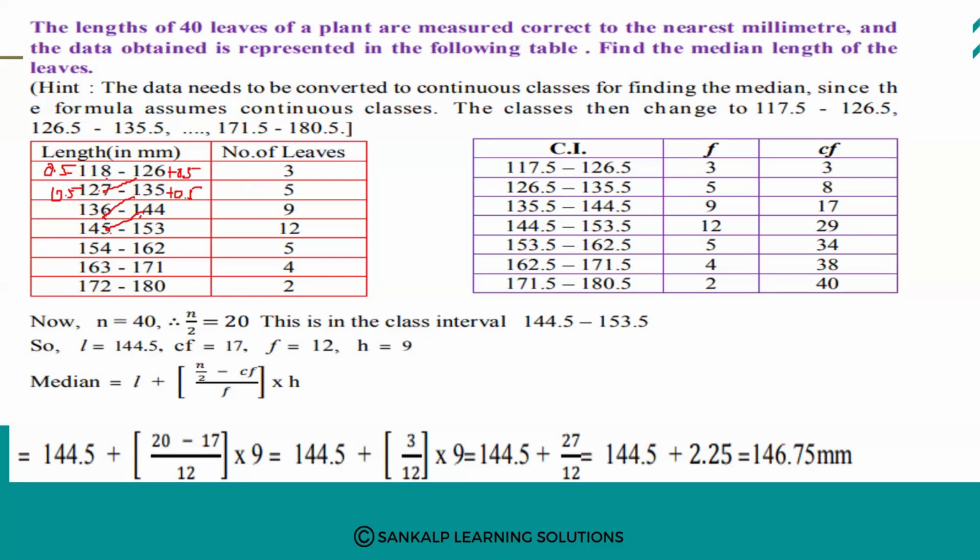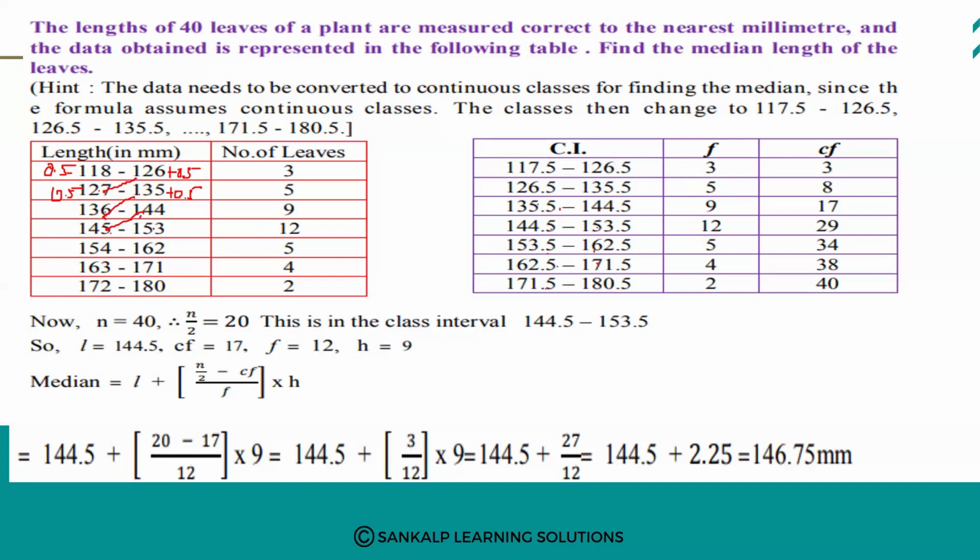So 118 minus 0.5 is 117.5. 126 plus 0.5 is 126.5. 127 minus 0.5 is 126.5. Like that, 135 plus 0.5 is 135.5. So here the upper limit and lower limit are the same. What we did is minus 0.5 and plus 0.5.